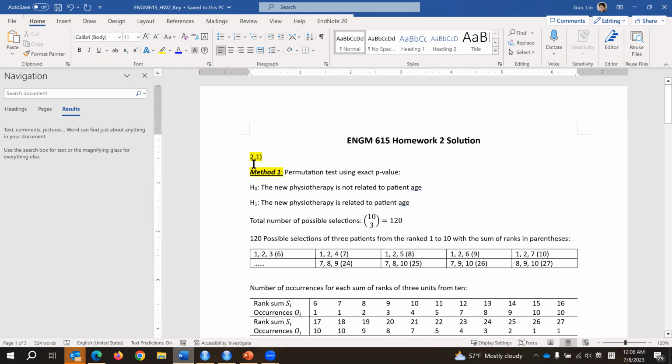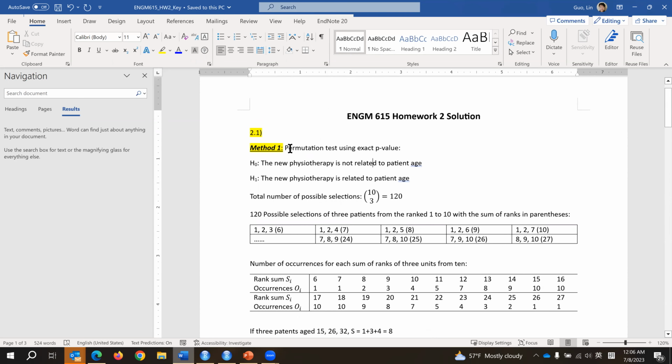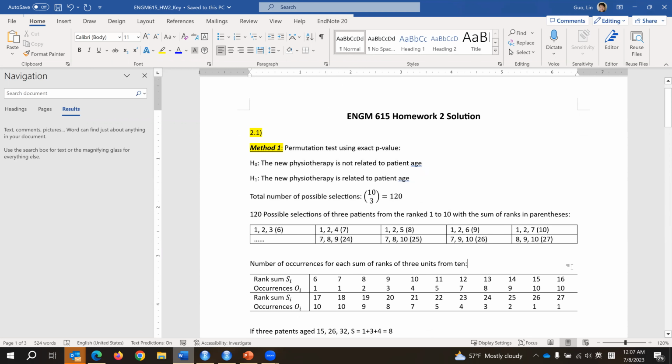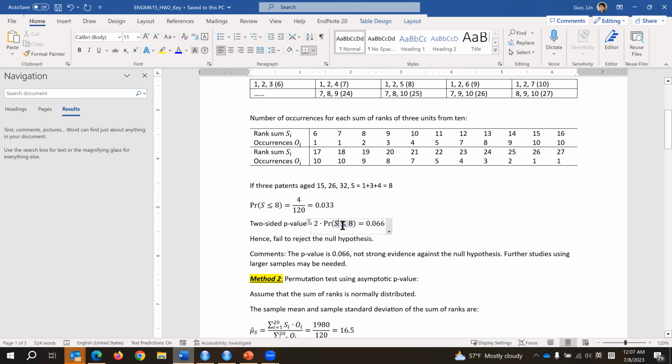For problem 2.1, a permutation test, there are 2 ways. You can use the method in our textbook to manually calculate the exact p-value, where you list all the possible combinations of the ranks, then get the sum rank with the occurrences and calculate the probability.